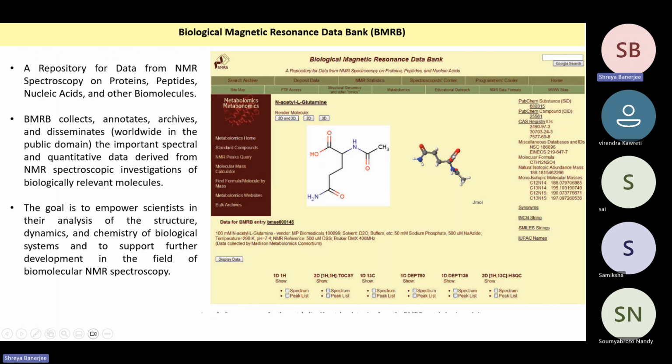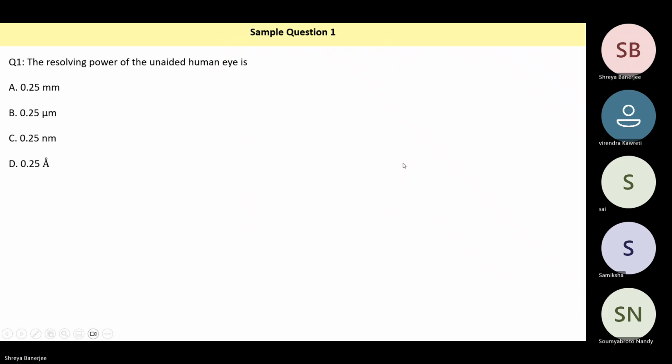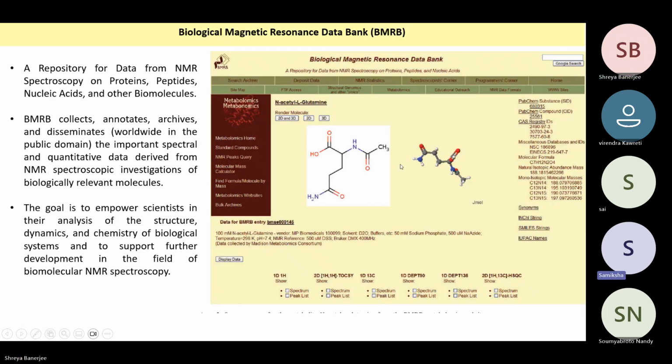So this data bank is also available to all researchers, and it helps people understand and analyze the structure, dynamics, and chemistry of biological systems, and it provides information to researchers to further improve the field of NMR spectroscopy in biomolecules.